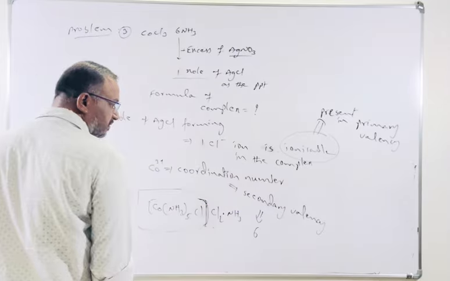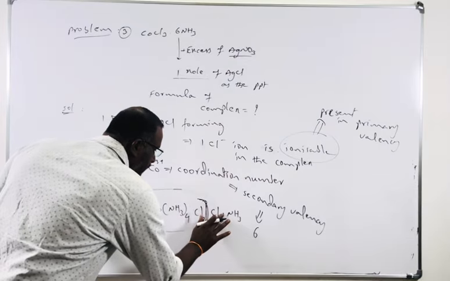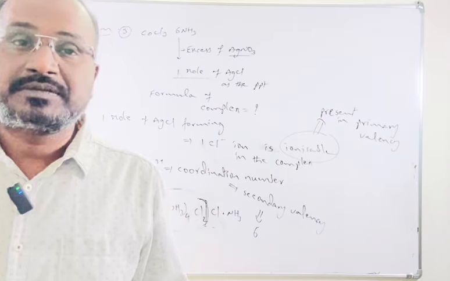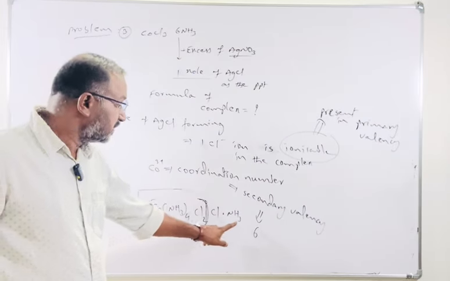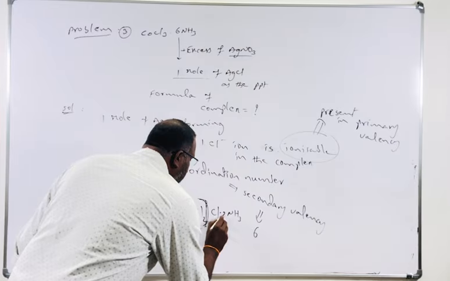So the formula becomes Cl2 inside, and 1 chlorine is present outside. 1 chloride ion is present only in the primary valency; they are never present in the secondary valency. And the formula is [Co(NH3)4Cl2]Cl·2NH3.